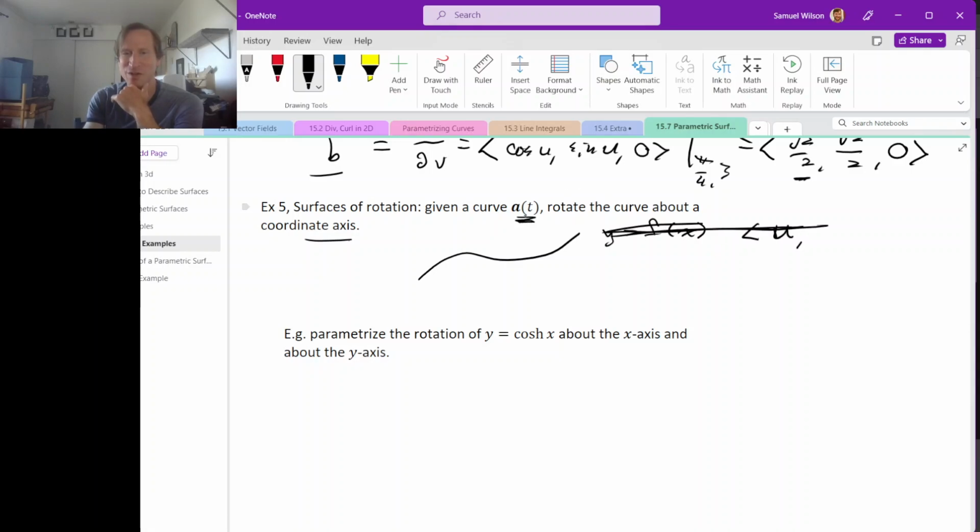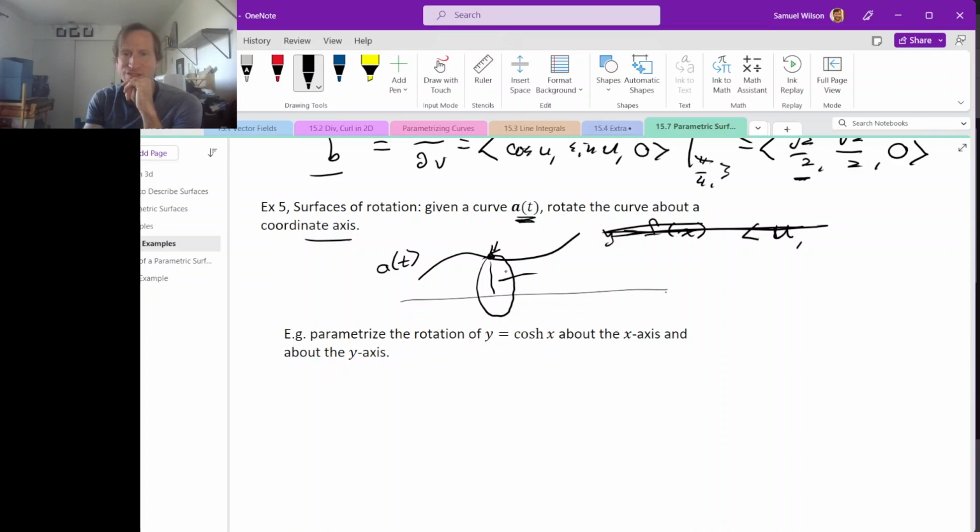If we have a parametric curve a of t, well, to rotate this about a coordinate axis, for every point we just need to figure out a way to parameterize the circle about this coordinate axis that goes through that point.